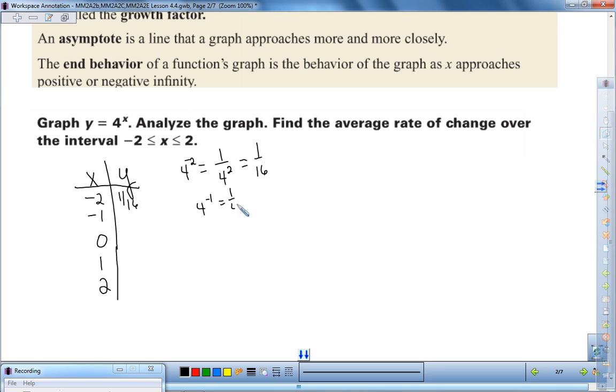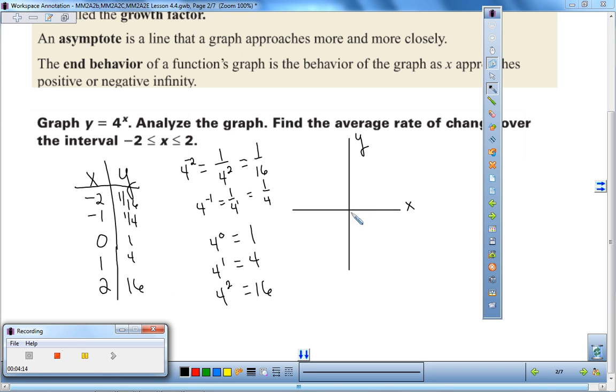Put 1 over 4. That becomes 1/4. Now if we put in 0 for x, remember anything to the 0 power is 1, so we end up with 1. Then 4 to the first power is going to be 4. And then 4 squared will give us 16. So those are our points that we're going to graph.